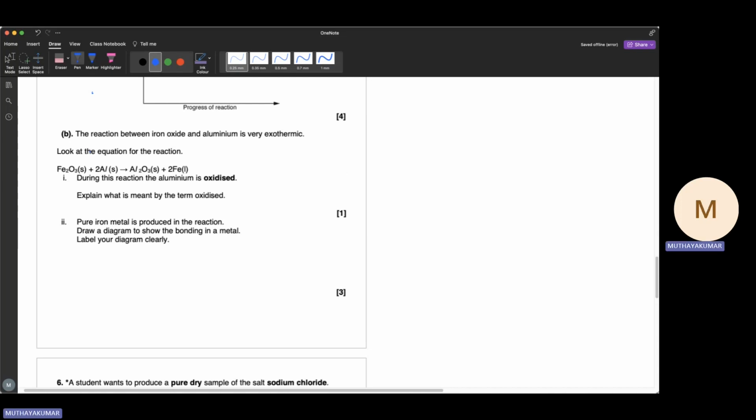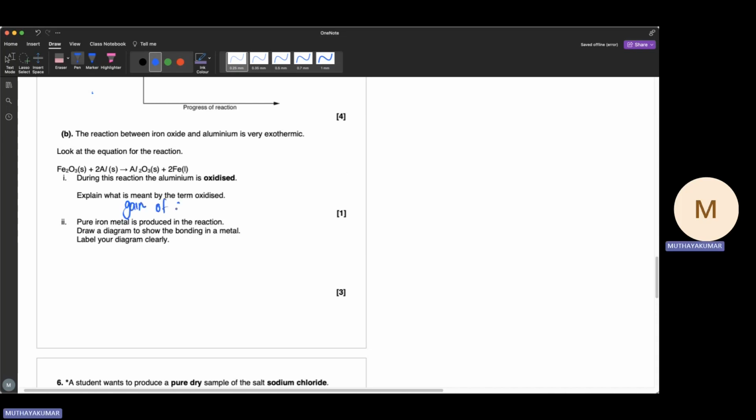Now, there are a couple of different definitions, and you could write either one and you can get the mark. So either you can talk about oxidation in terms of oxygen, or you could define oxidation in terms of electrons. Some of you might have learned that. So in terms of oxygen, if something has been oxidized, it means it has gained oxygen.